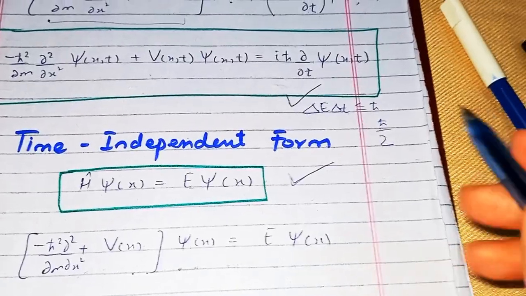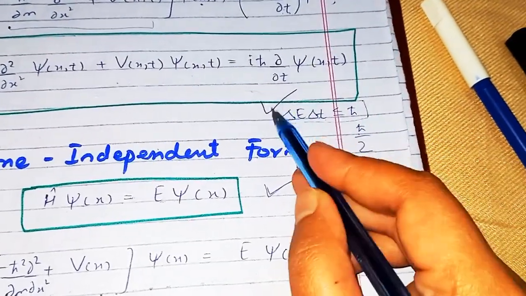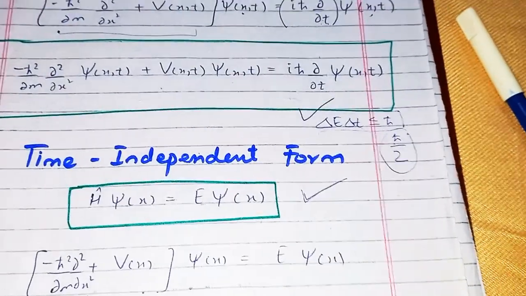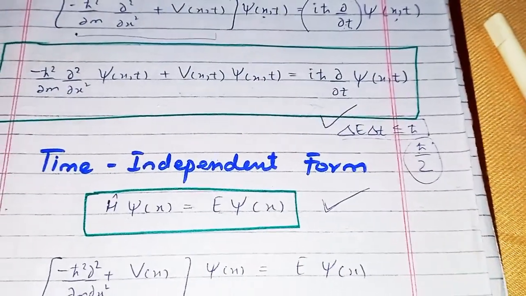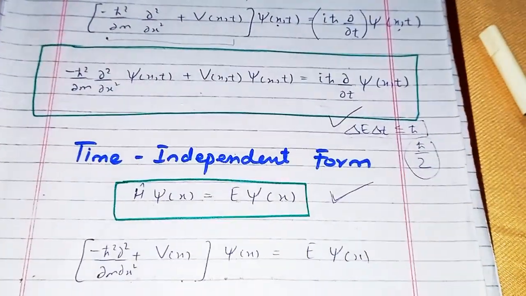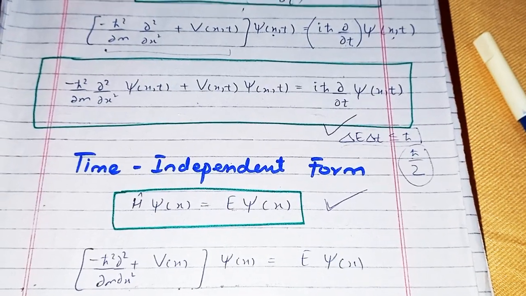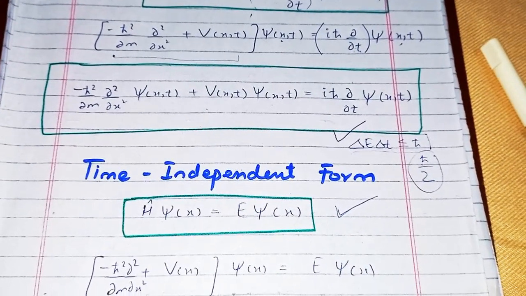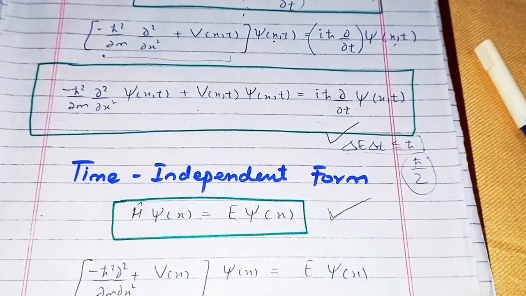We are just confused whether it is equal to H cut or H cut by 2, exactly what it equals to, and exactly what the uncertainty relation is. So I'll answer all of these questions and I'll clear all of your doubts in a dedicated video on uncertainty relation, because it's a really important topic in quantum mechanics.